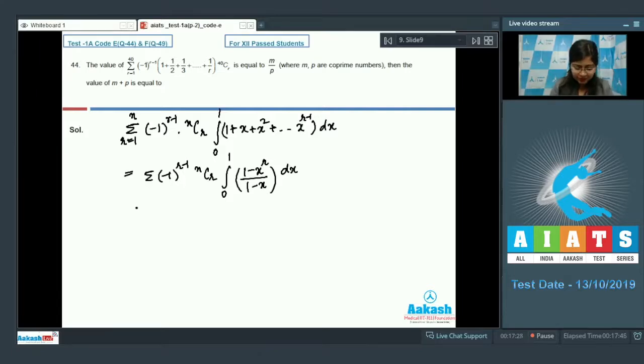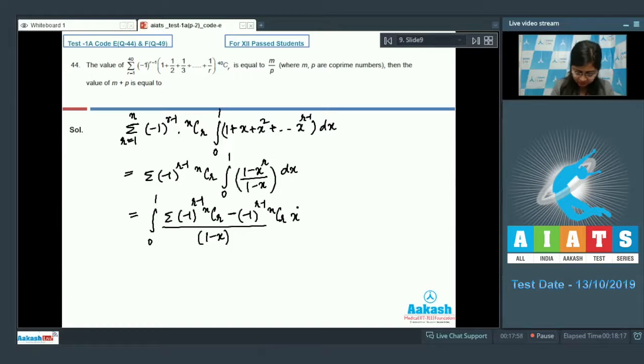So this is equal to, the integral can be taken out, summation of (minus 1 raised to the power r minus 1 into nCr minus minus 1 raised to the power r minus 1 into nCr into x raised to the power r) divided by 1 minus x into dx.